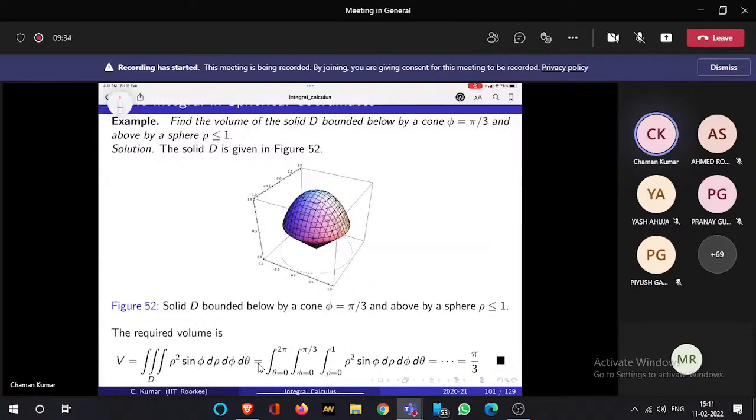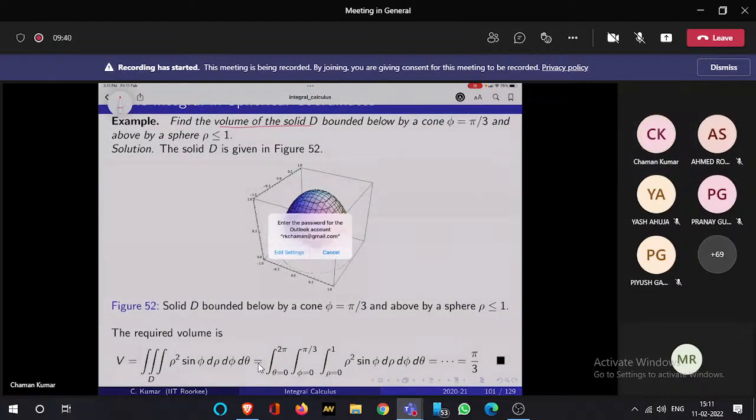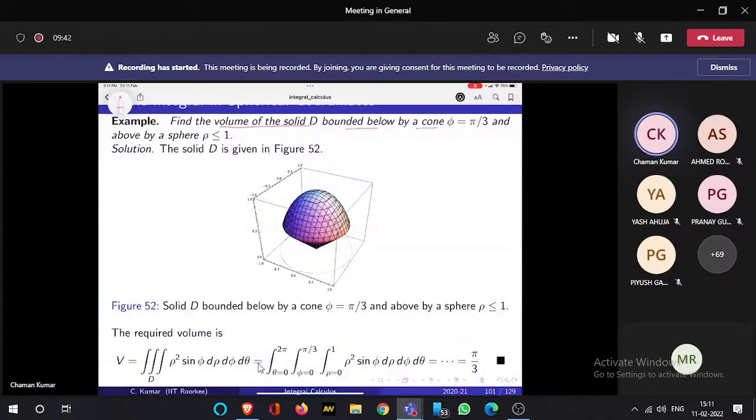So let us consider this example. Find the volume of the solid D bounded below by a cone phi equal to pi by 3. So first of all, we plot a cone at phi equal to pi by 3. You can see that we have this cone at angle pi by 3 in the picture.